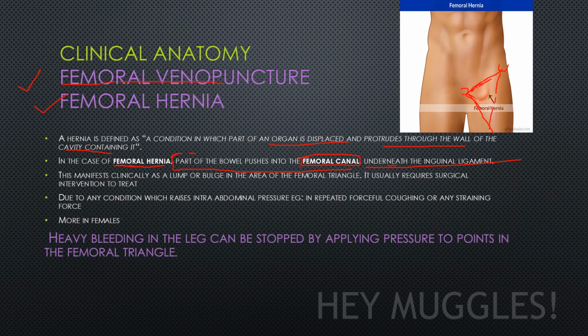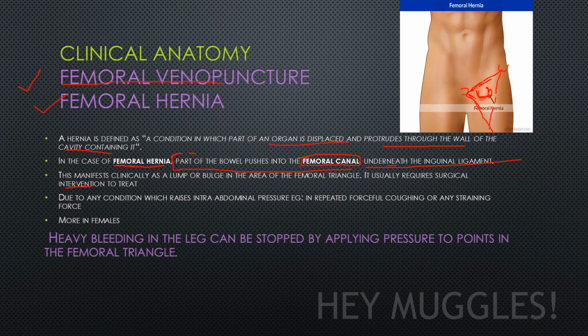So here is your femoral hernia. You can see it is kind of a lump or a bulge in the area of your femoral triangle, right? Its treatment is only surgery. It requires surgical intervention, right?